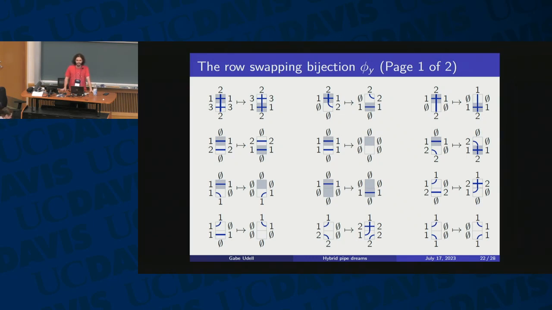So I guess if you're switching non-adjacent rows, it wouldn't be as nice. Yeah, the way that we switch non-adjacent rows is just by switching adjacent rows lots of times. So if you're switching non-adjacent rows, something much more complicated happens.